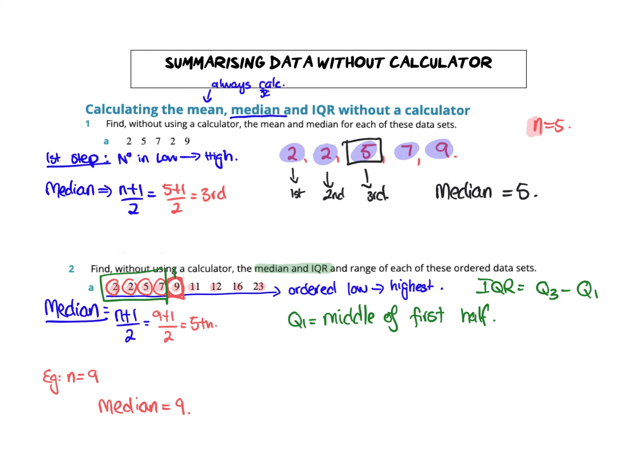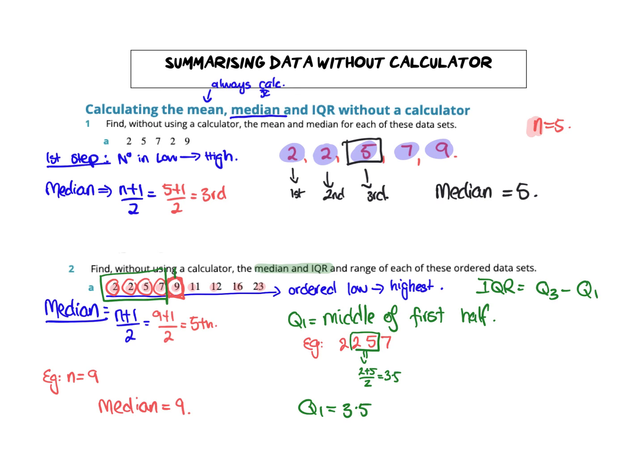In this example I've got 2, 2, 5 and 7. You want to find the middle of those numbers, so it'll be in between these two middle ones, because it's an even number. What's the middle number between 2 and 5? You can just add 2 and 5 and divide by 2. So what would that be? 3.5. So Q1 equals 3.5.